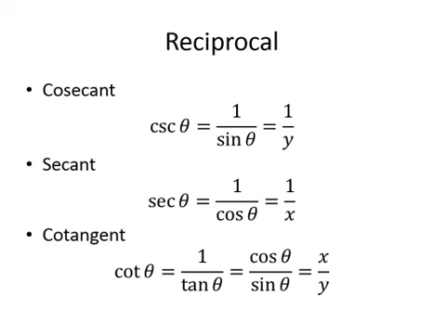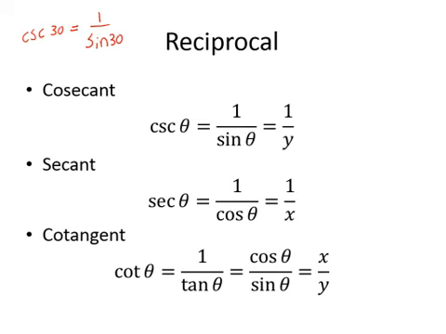So if we want cosecant of 30 degrees, that's the same as 1 over sine of 30. So we just go 1 divided by whatever the sine of 30 was.